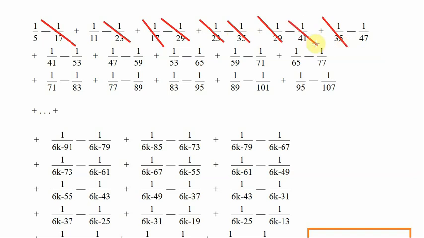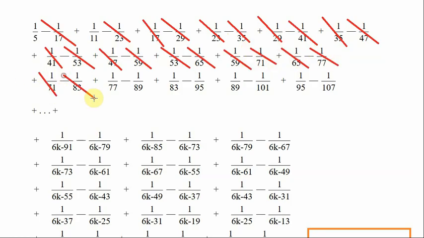And so we can see that eventually all of these terms will get cancelled, and they will drop out. And so what's left is just the 1/5 and the 1/11.